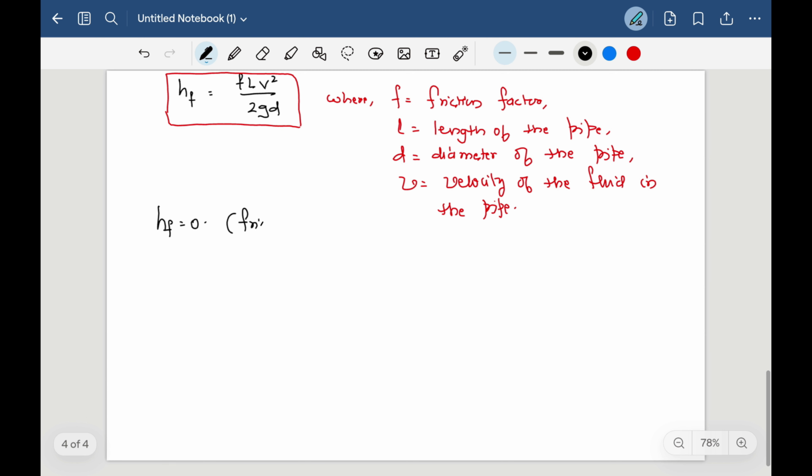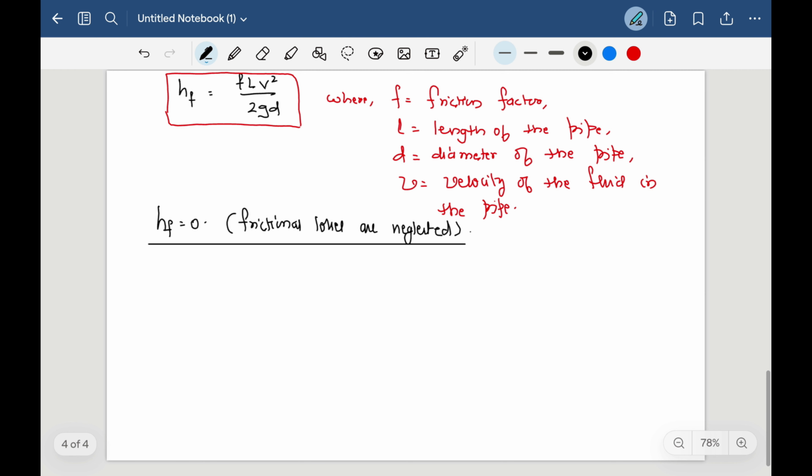If it is given in the question that frictional losses are neglected, then we can assume this. Otherwise, we should not assume this. For simplifying, you can treat this as a model.